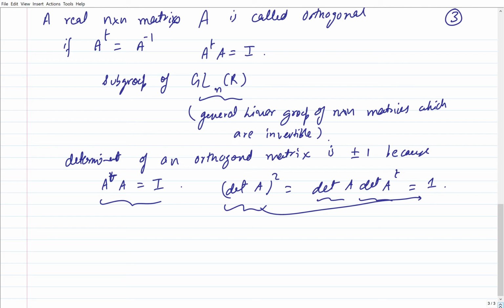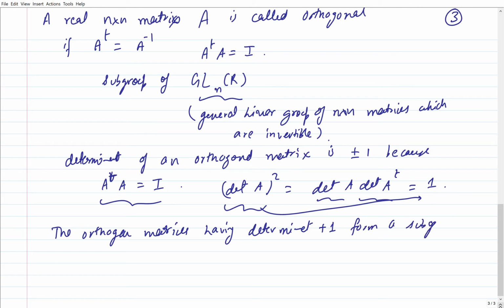Okay, so the orthogonal matrices having determinant plus 1 form a subgroup called the special orthogonal group, denoted by SON.